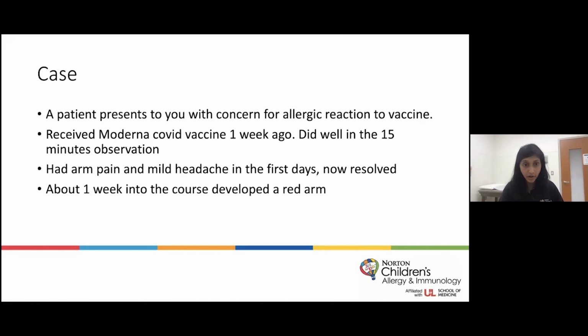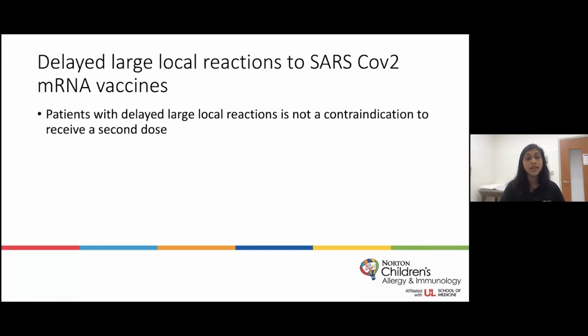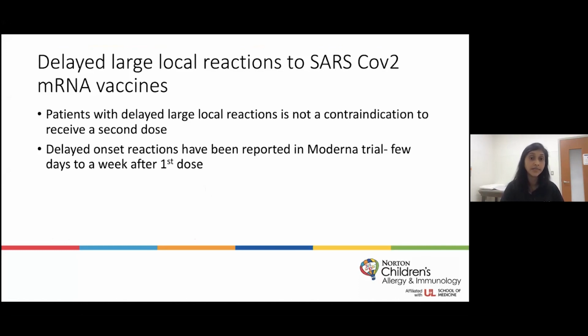It resolved, and then 1 week into the course developed a red swollen arm. And this is what it looked like. They did fine. 1 week later, had large local reactions. This was actually reported in the clinical trial. Patients with large local reactions, it's not a contraindication to receive second doses.